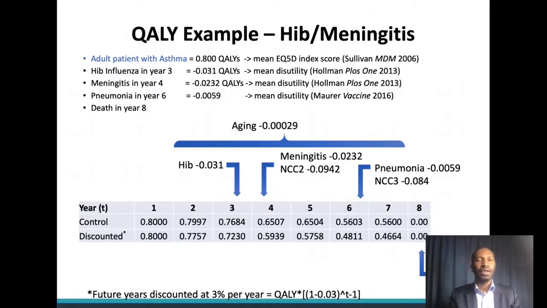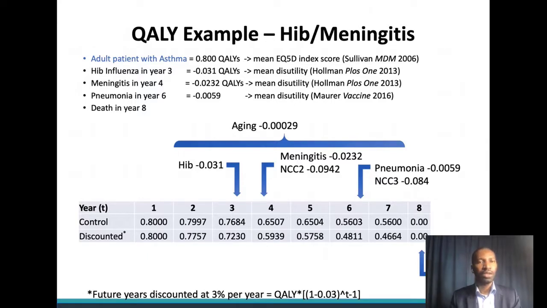For influenza in year 3, we have a negative 0.031 QALYs, which is the mean disutility in Hallman. Let's look at an example of how to calculate QALYs for HIB, meningitis, and pneumonia. Suppose that for an adult patient with asthma, we have 0.8 QALYs, which is the mean EQ-5D index score reported in Sullivan.